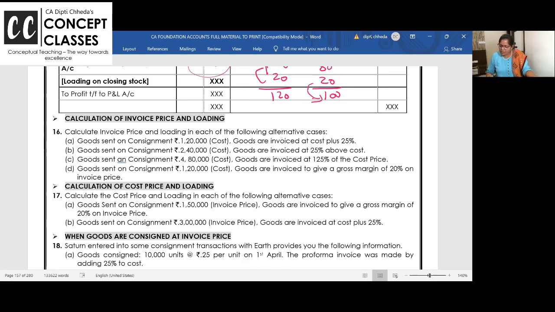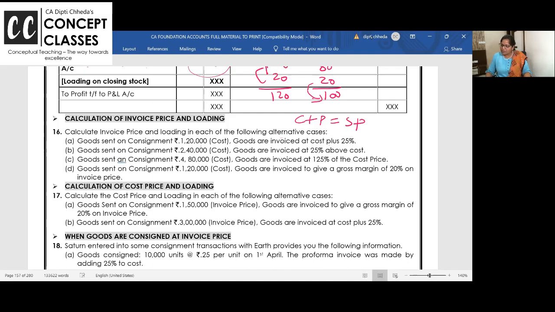If goods sent are 120, they are invoiced at cost plus 25%. Enjoy this calculation and practice for inventory chapter, for consignment chapter, for final accounts of the proprietor, for partnership, and many more chapters in inter and final. You should be able to make the equation. You are learning from school days. Cost plus profit is equal to selling price.